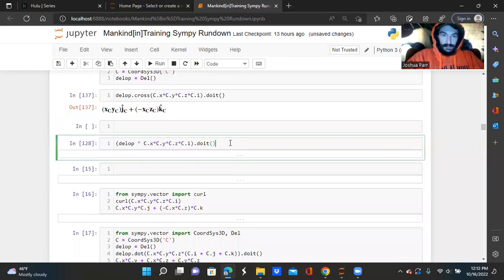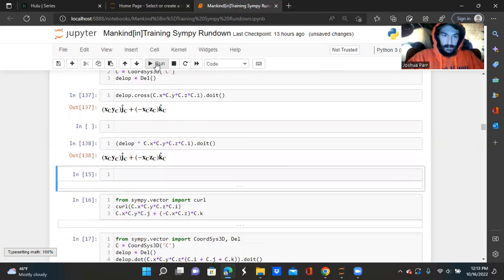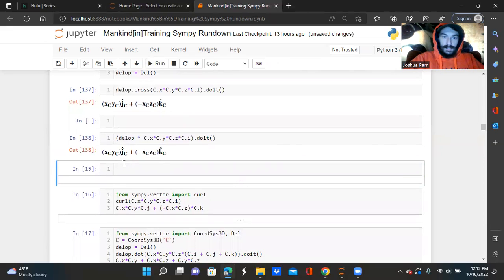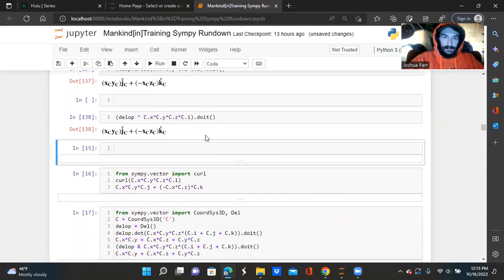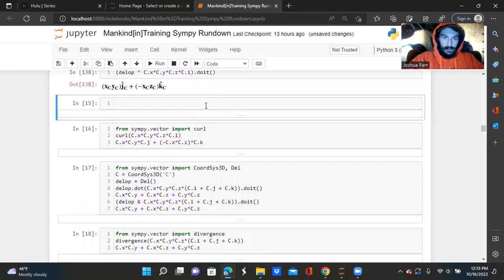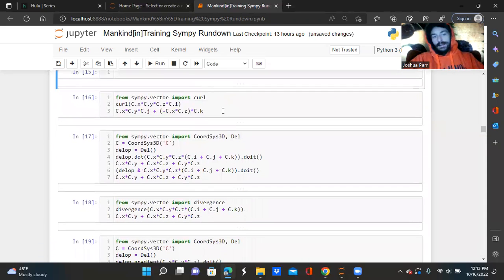Now we are adding z to the operator and xcyc j hat c. We got the same answer as before. So now I'm showing an example of the curl function again.